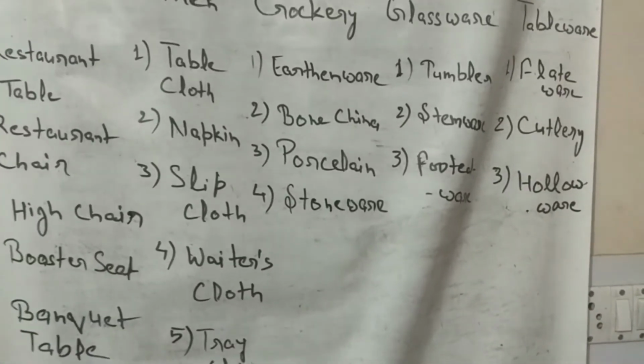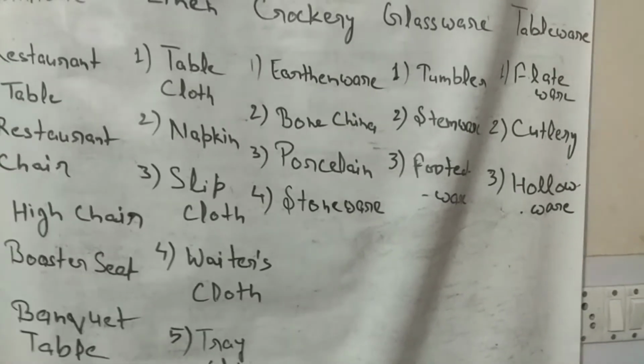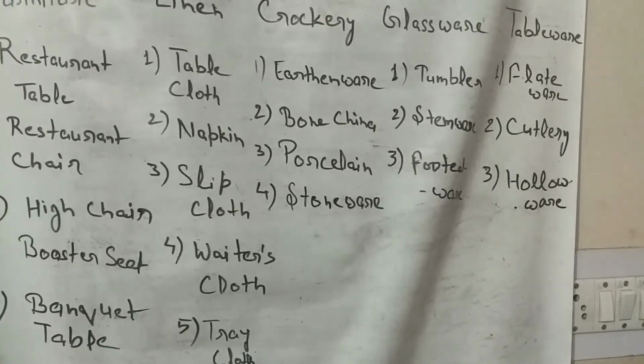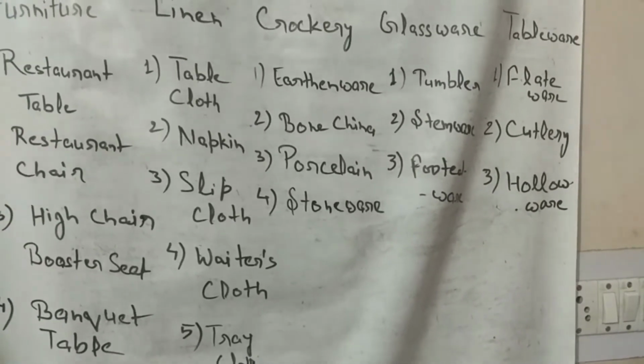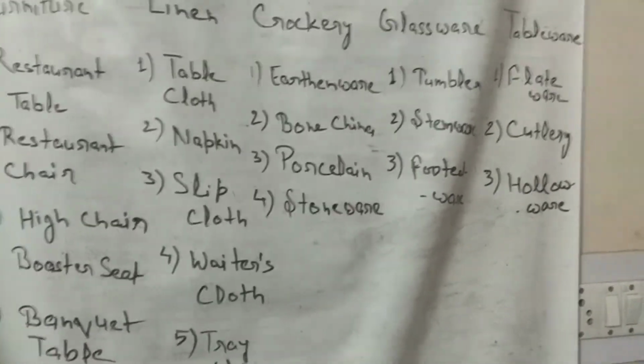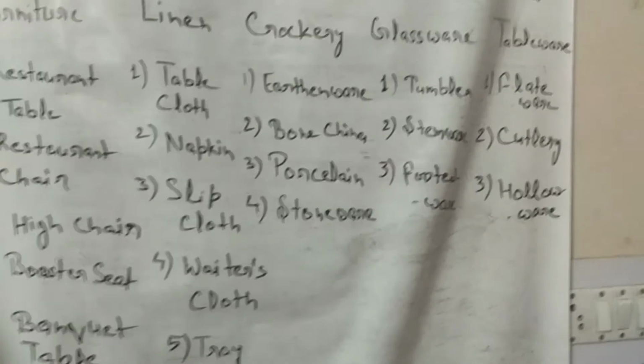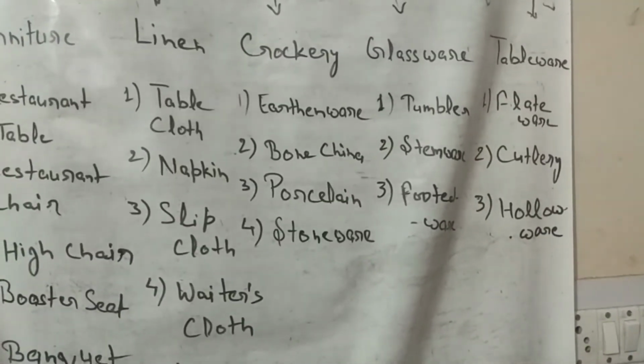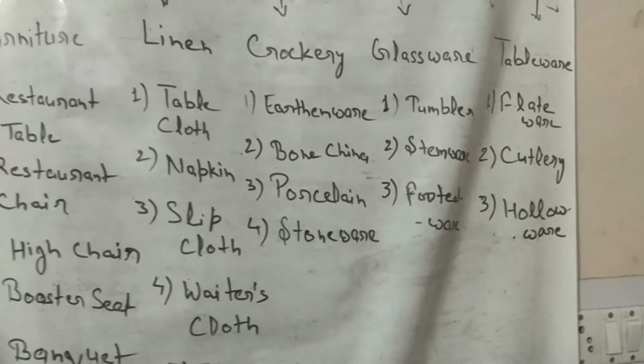Glassware comes under three categories: tumbler, footedware and stemware. The first one is tumbler. Tumbler is basically a bowl without stem or foot. Its sides may be straight, widened or curved.